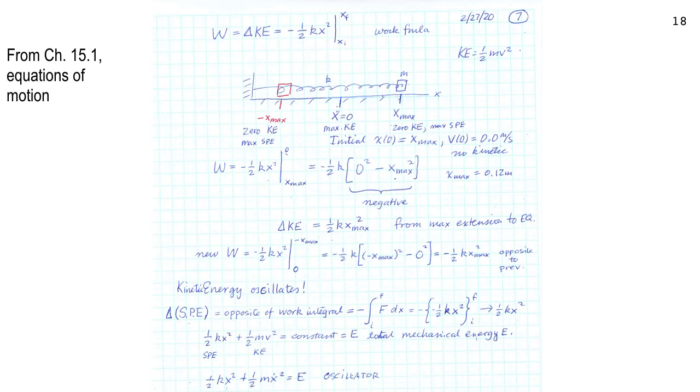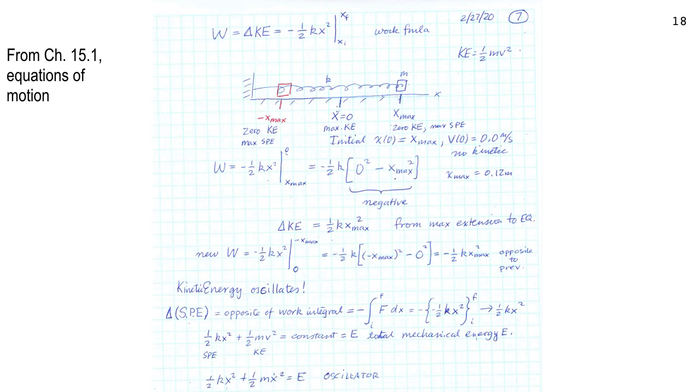We start out there at x maximum, and then we let her rip. The first thing that's going to happen is it's going to come back this far. And then the interesting thing is it's going to go past there and compress. But let's just do the work done by the spring from starting point to final point equilibrium.